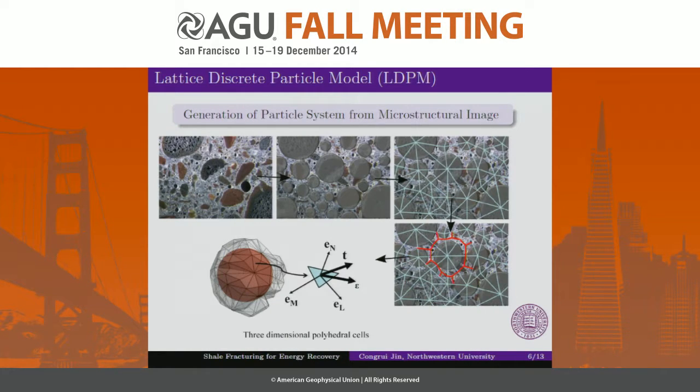A model naturally accounting for material heterogeneity is the lattice discrete particle model, LDPM, recently developed to simulate microstructure of quasi-brittle materials by using a three-dimensional assemblage of polyhedral particles whose position is randomly generated according to the actual given grain size distribution.